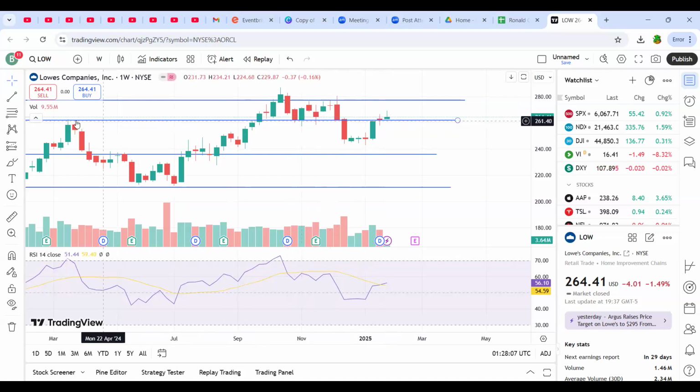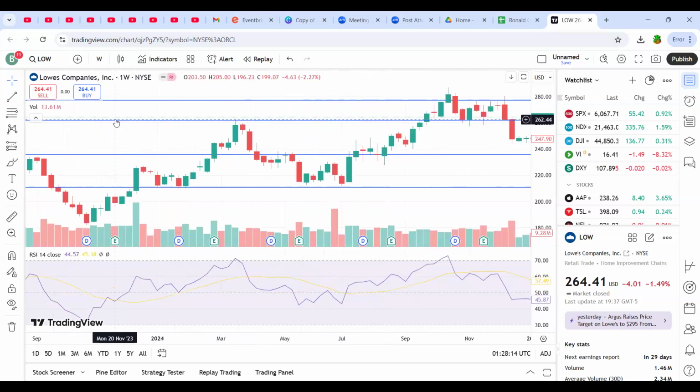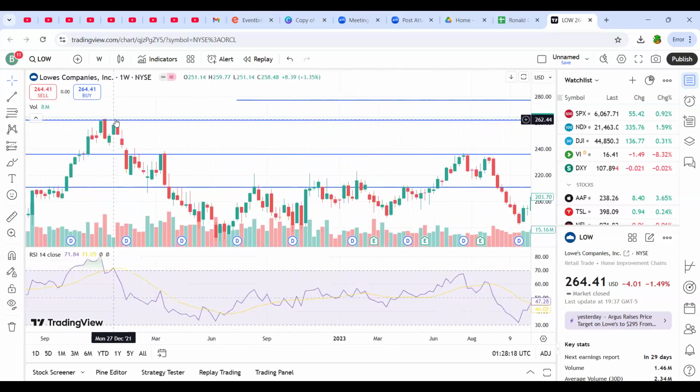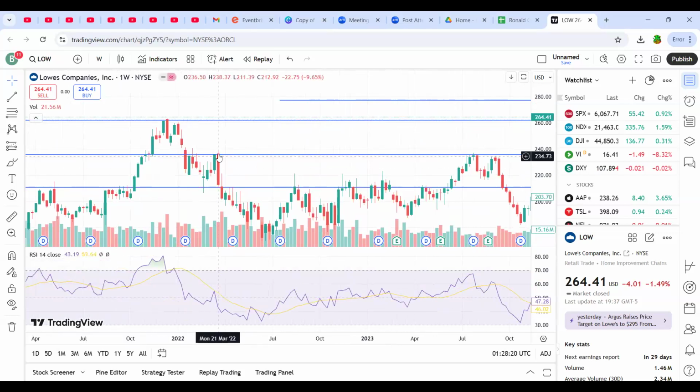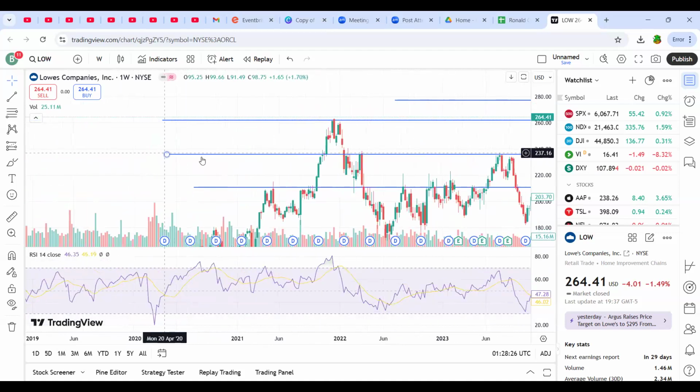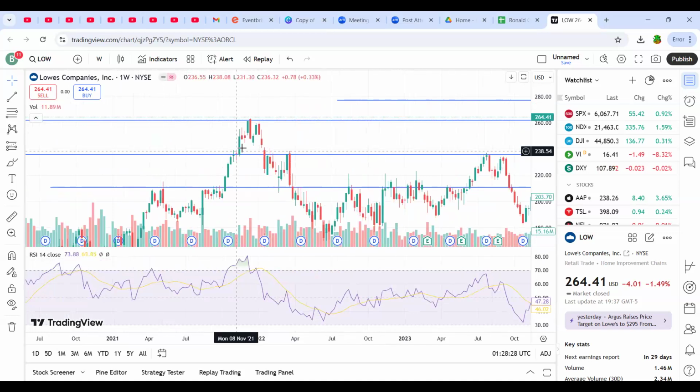And when you go back in time, these past weeks back here in March of 24, you saw I drew those lines. It respected that zone, and I drew that just eyeballing. And that's data. I saw these tops way back from 2021. I went back to 2020 to draw this line because I saw this action in 2021, 2022.